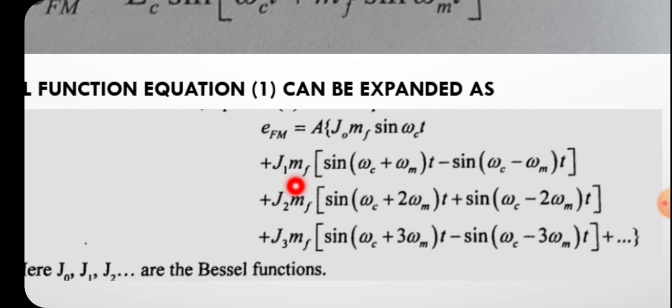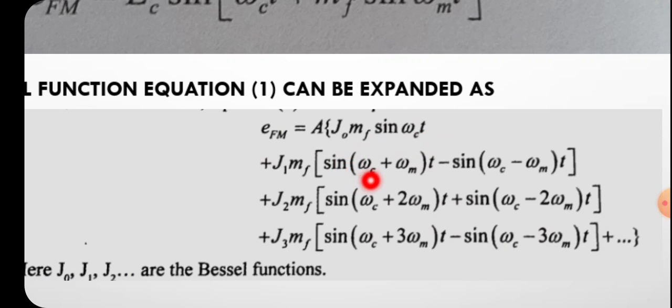Here A is the magnitude, J0, J1, J2 etc. are the Bessel coefficients, and m_f is the modulation index. The first component is the carrier component omega_c, corresponding to frequency fc.